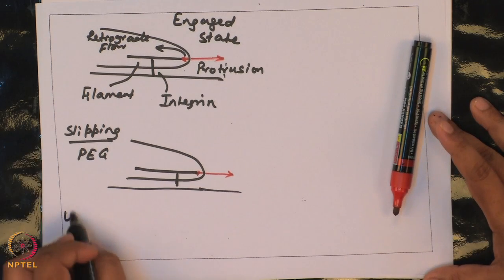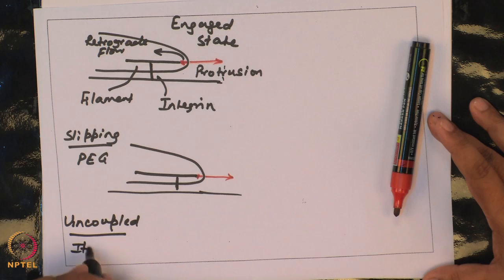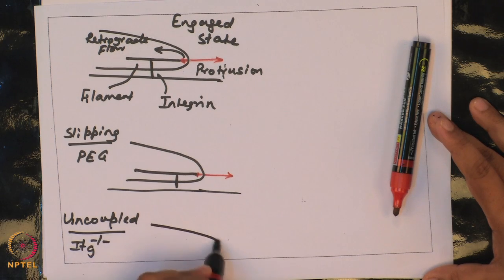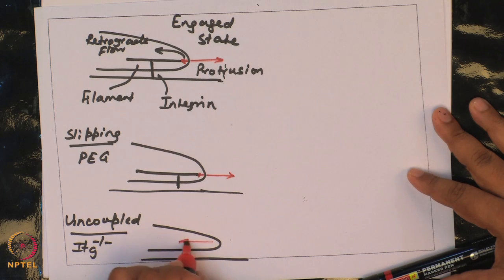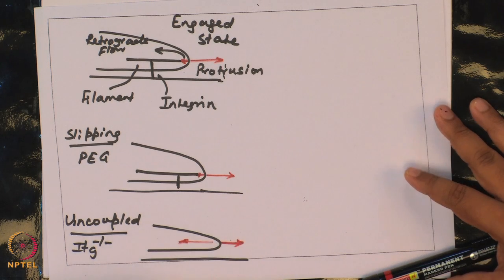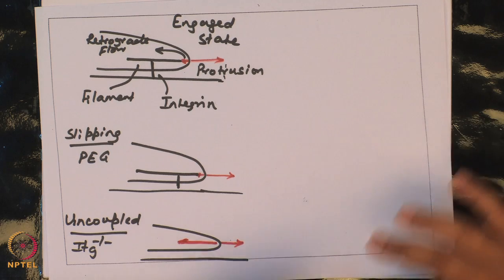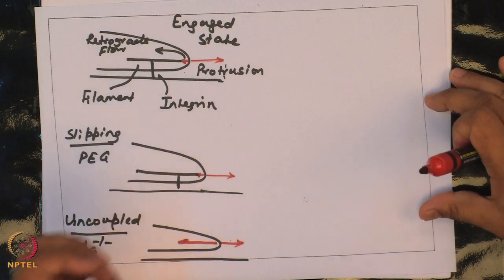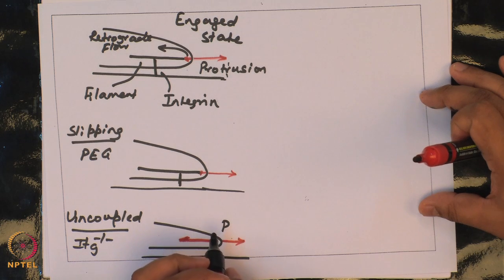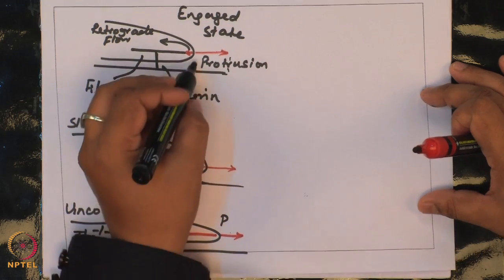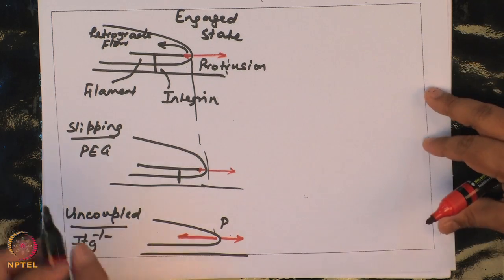In the other case, you can have uncoupled. What is uncoupled? When there is no integrin present. In this case, the cell increases retrograde flow, and its protrusion rate is always maintained constant. Actually, these lengths should be the same, but the magnitude of the retrograde flow is extended.